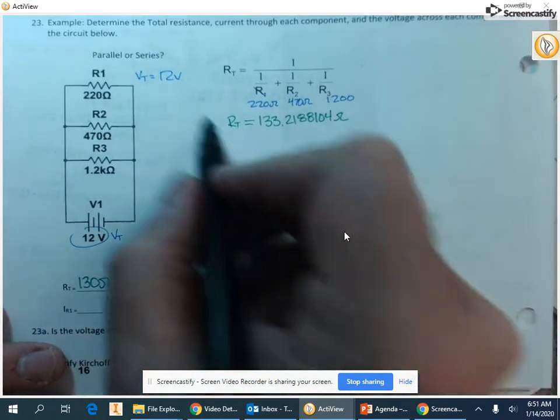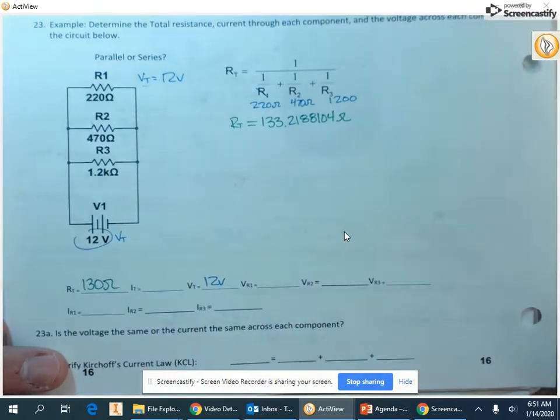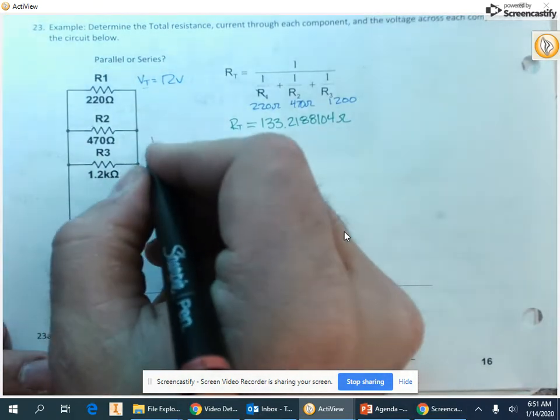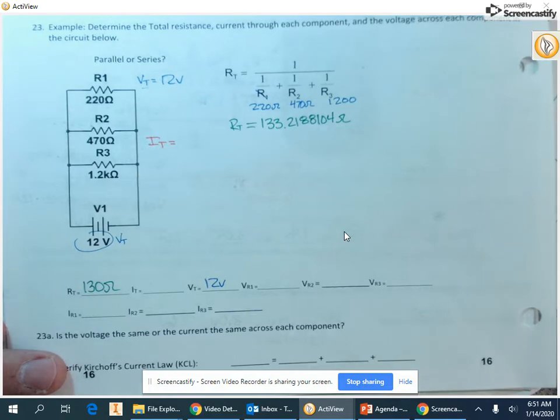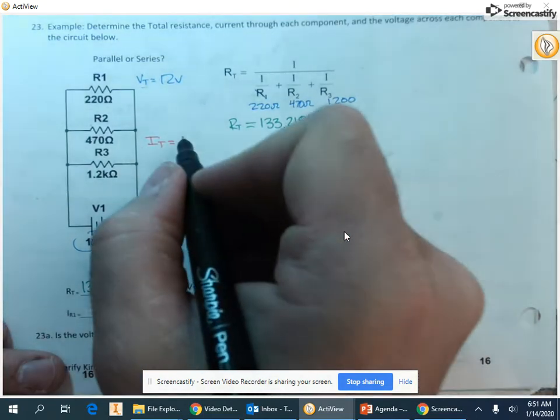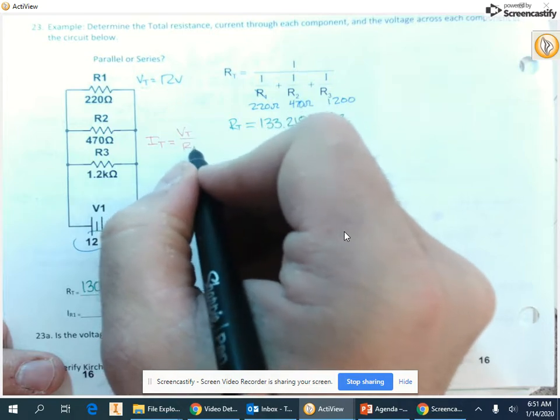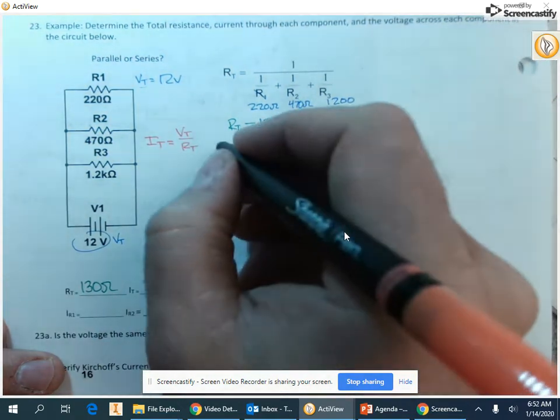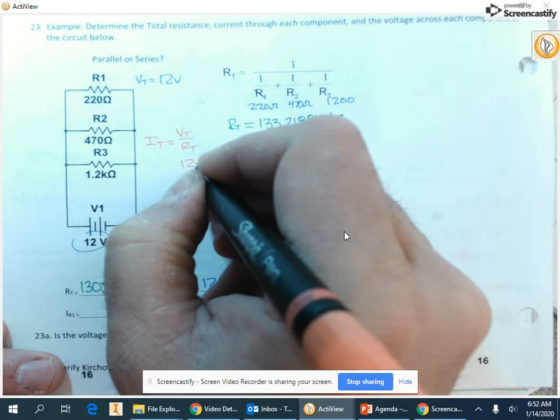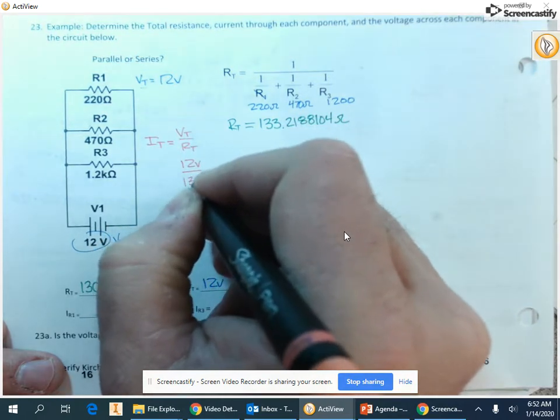All right, so I know my total voltage, I know my total resistance, so the next thing I'm going to do is look at my total current, and that is equal to my voltage total divided by my resistance total. So it's going to be 12 volts divided by 133.